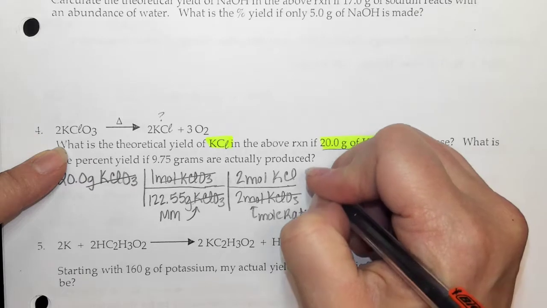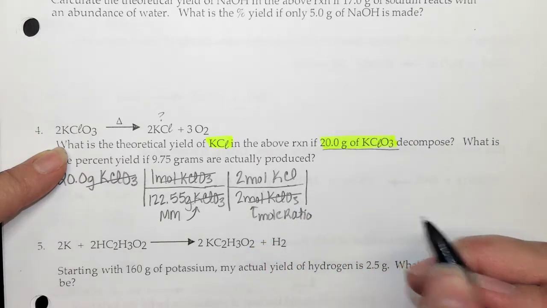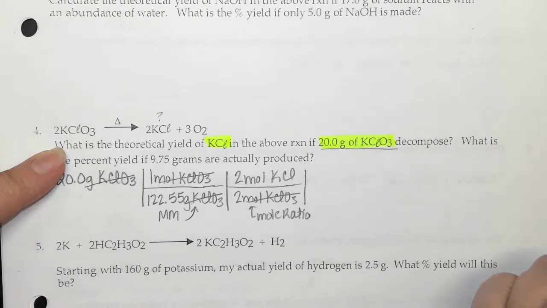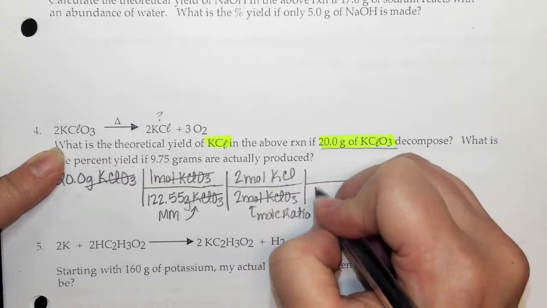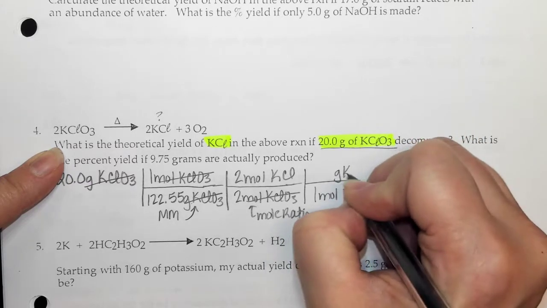Caleb, am I done with the problem now? No? Why no? You got it. I need one more step: grams of KCl. So 1 mole of KCl, I need to know how many grams of KCl.